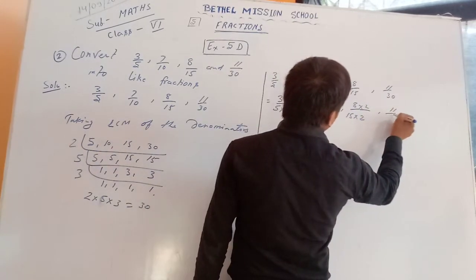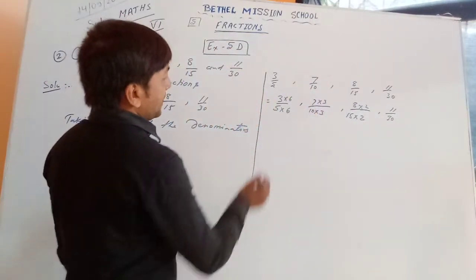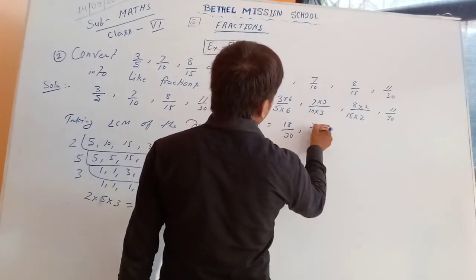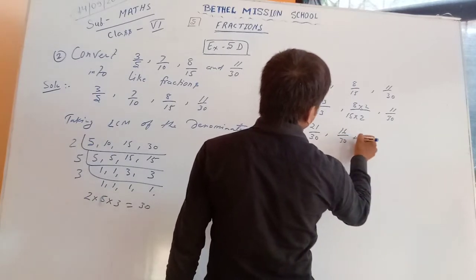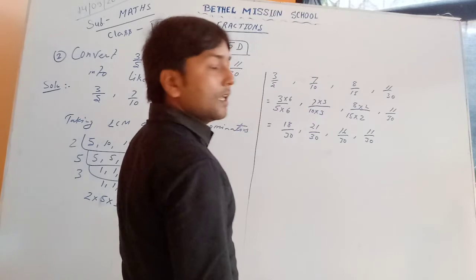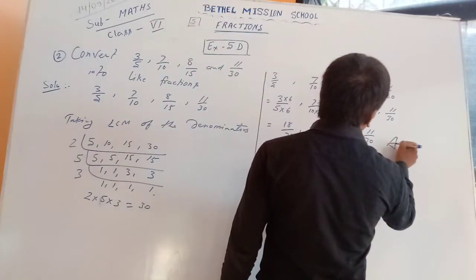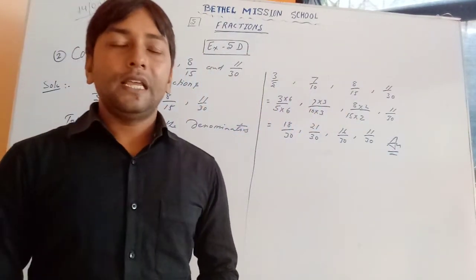And 11 upon 30, 30 is already given, so there is no change. So it becomes 18 upon 30, 21 upon 30, 16 upon 30 and 11 upon 30. All have become like fractions now. Okay, this is the answer. This way you can do the rest of the questions.